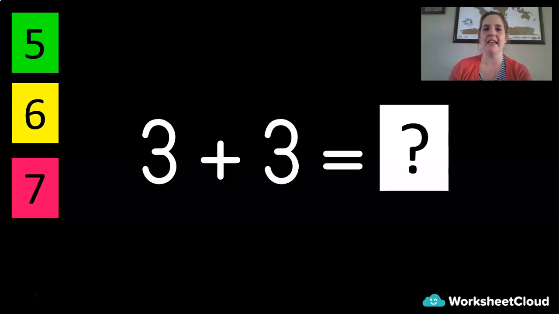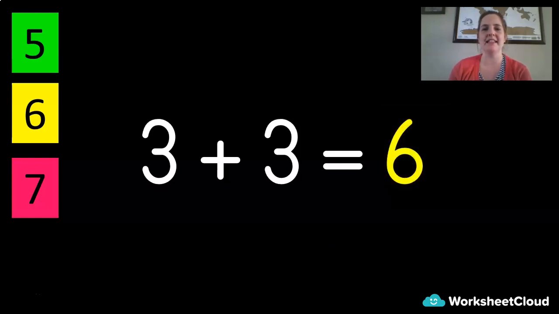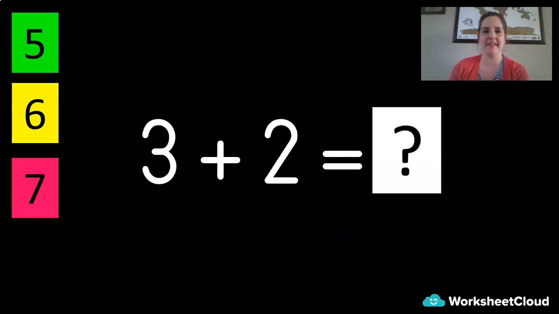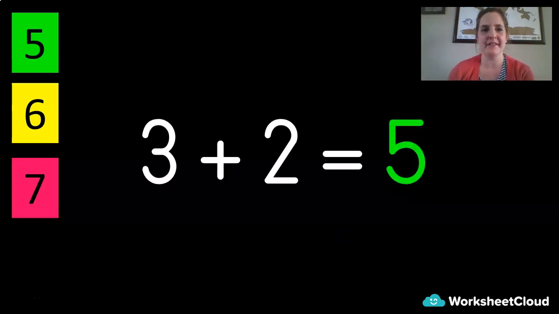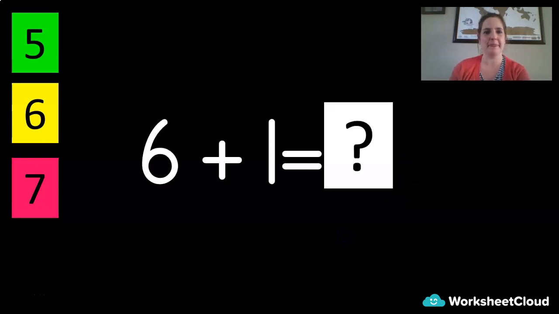Three plus 3 equals 6. Did you get it or did I get that point? Okay, another one. 3 plus 2 equals 5. Good job. 6 plus 1.